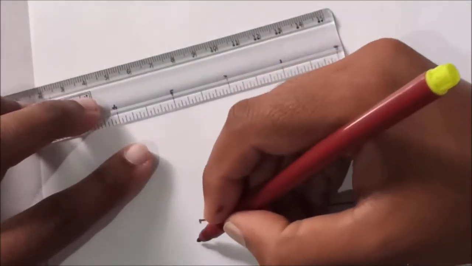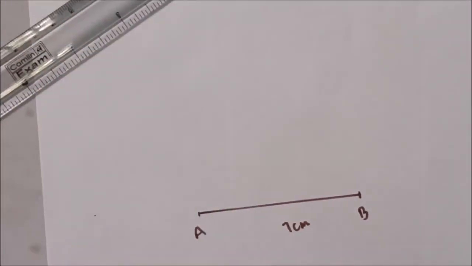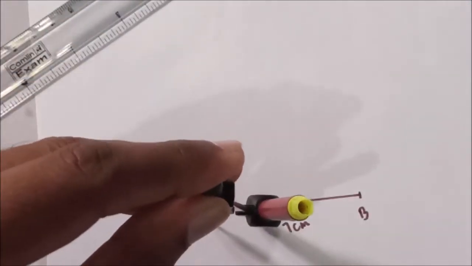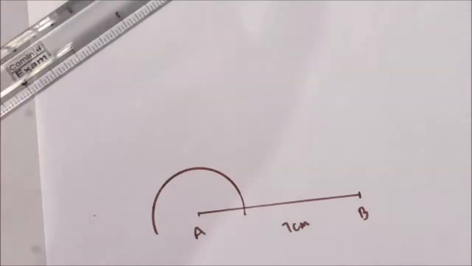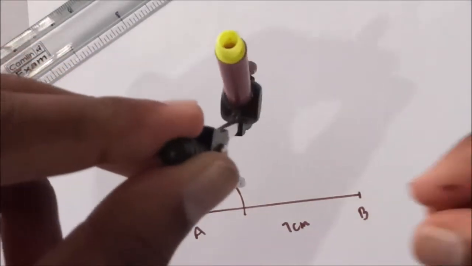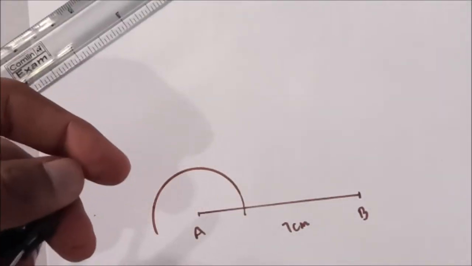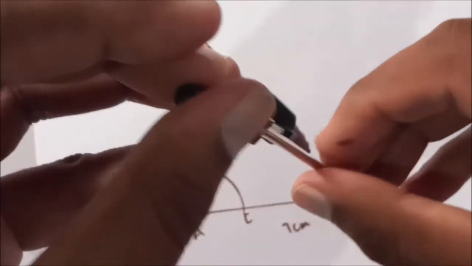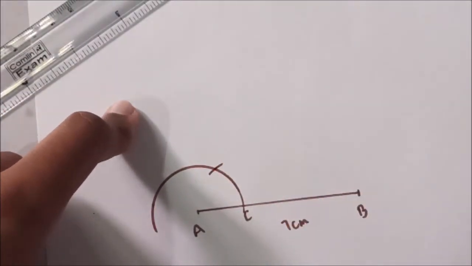AB, 7 centimeters. Now next I'm drawing one arc. From this point I'll make it C. From C I'll construct one arc.